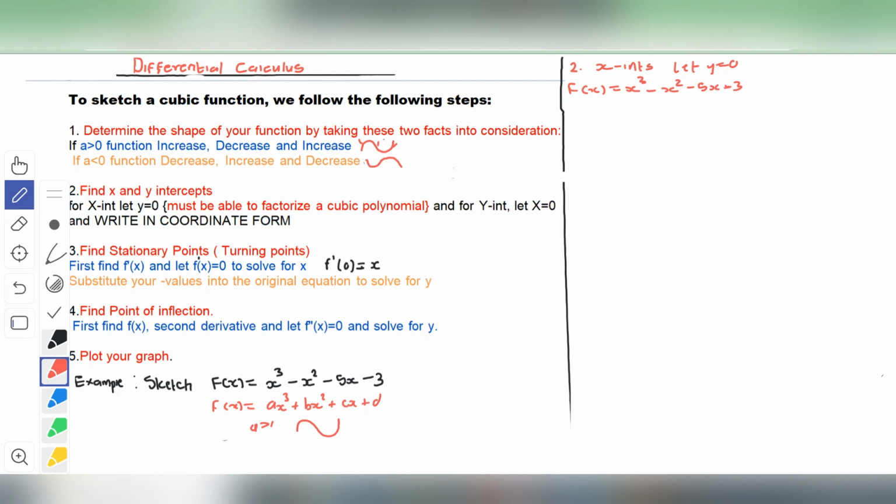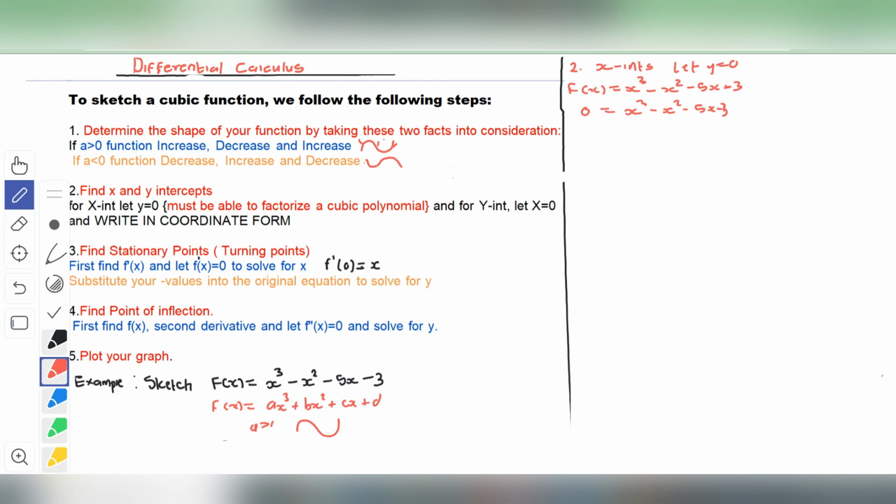So now we let this equal to 0. Remember, f of x is like y. So now we have x cubed minus x squared minus 5x minus 3 equals 0, right? So how do we solve this?